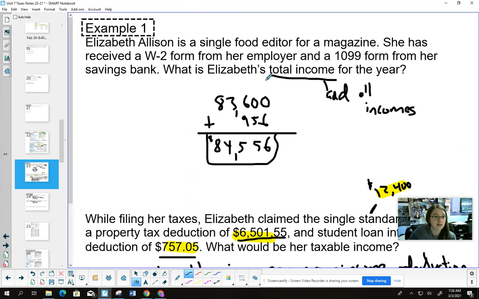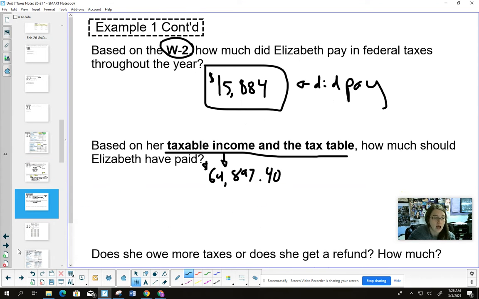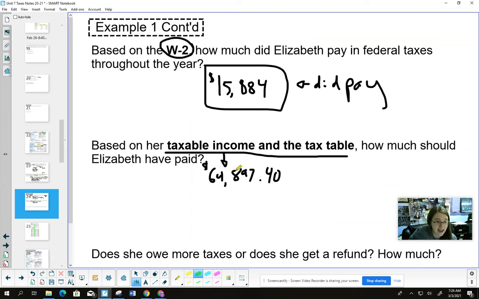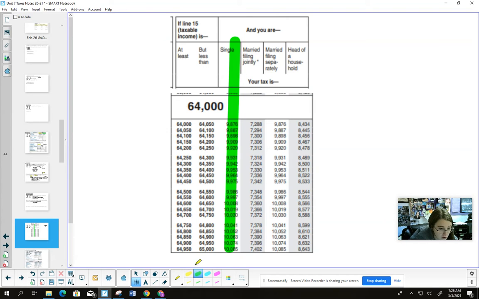So she is single. This is her taxable income. I want you to look at the tax table and figure out how much she should have paid. Take a moment again, look at my screen, not your notes. Well, she's single, so you should be looking in this column. And then we have 897. So that's going to be 897.